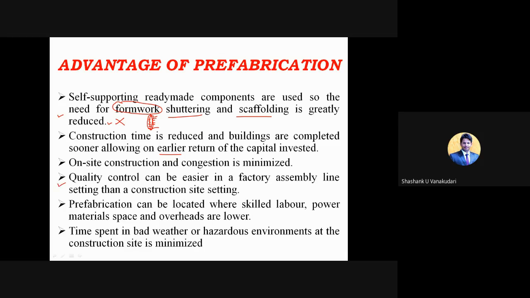And then quality control can be easier in a factory assembly line setting than in a construction site setting. We can achieve better quality with prefabrication concepts. And then prefabrication can be located where skilled labor, power, materials, space, and overheads are lower. Here skilled labor is required, so of course the quality of the work will be achieved with 100% quality aspects. And then time spent in bad weather or hazardous environments at the construction site is minimized.